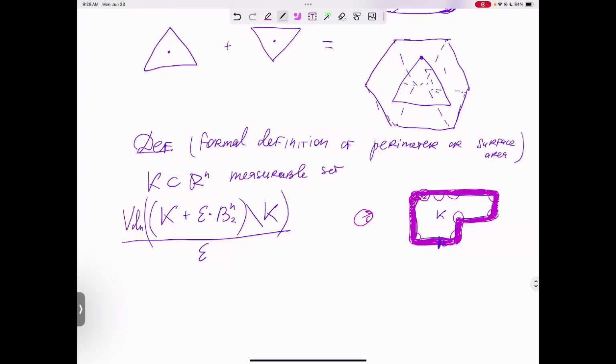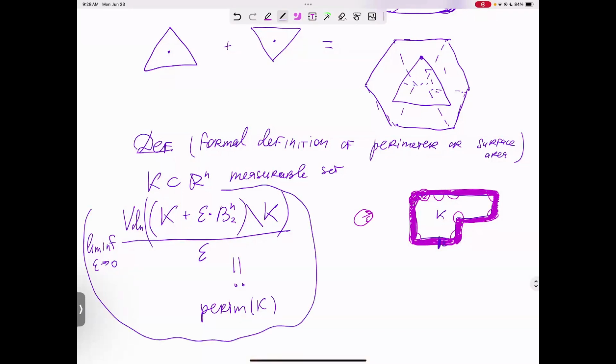What I'm left with, as you might guess, is roughly precisely the perimeter of the set K. Now I have to take not the limit, but formally the lim inf when epsilon goes to 0. And that is what is defined to be the perimeter of K. This is a definition. Let me maybe write it here, sorry for the mess. This is the formal definition of perimeter of a set.